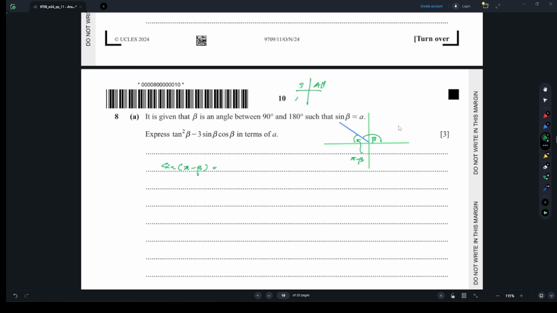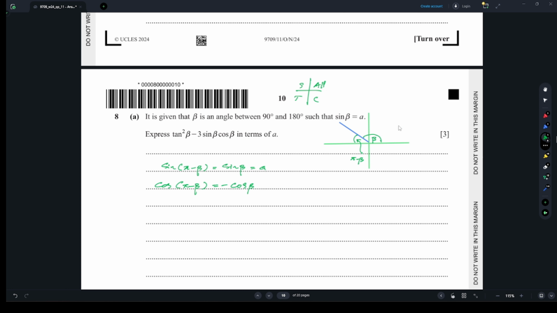The angle is with respect to pi, so sine stays sine. So we can write sine beta, which is A. In the same way, cos of pi minus beta: in the second quadrant cos values are negative, so it is minus cos beta.